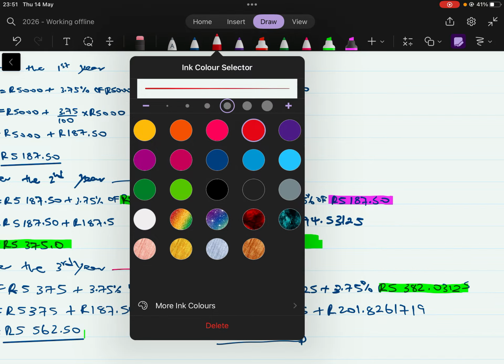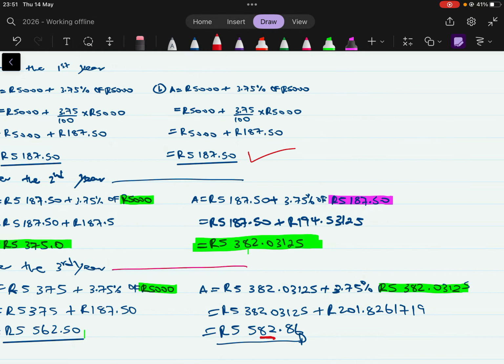This first part is correct, and then the second part plus 3.75% of 5,187.5. Okay, this one was also correct.